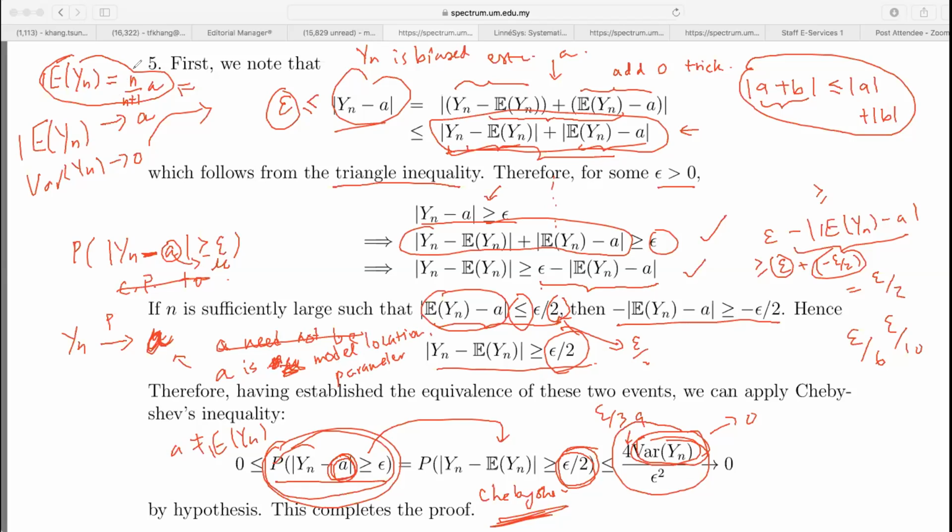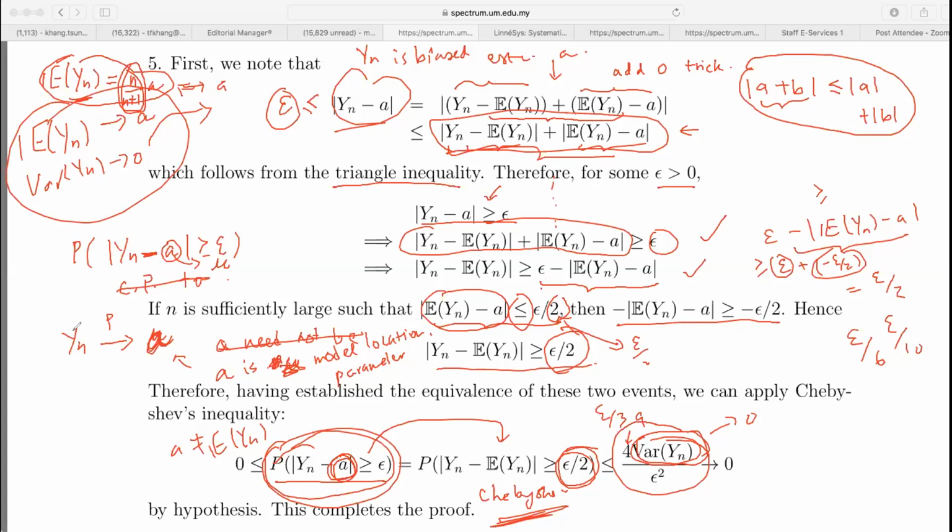So not all the time is the expectation of Yn equal to the location parameter, because sometimes there's a factor that depends on n. This happens if your particular Yn is a biased estimator. But in the limit, this will tend to a. So you can't directly apply Chebyshev, but you can invoke this result.